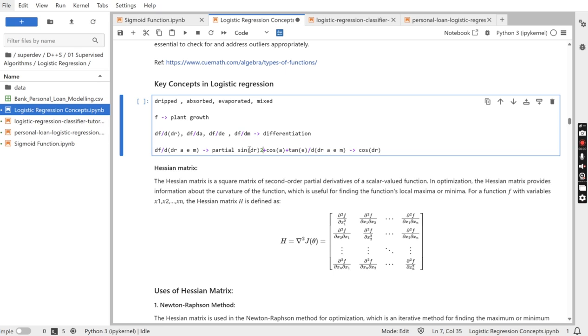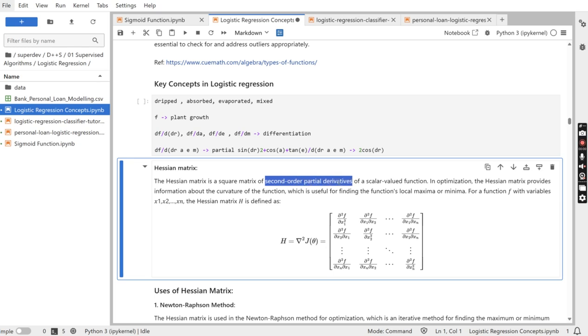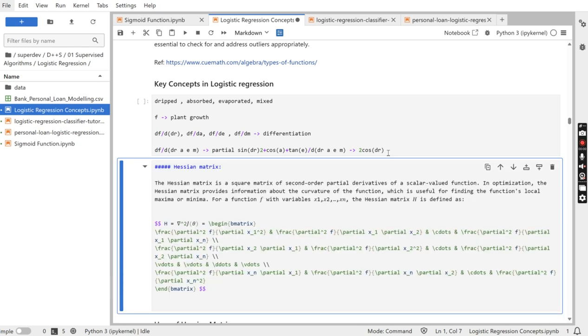X to the power n gives n times x to the power n minus 1, so this will become 2 cos x or something. Don't worry about the exact differentiation, just pay attention to what we are trying to do here. Second order differentiation means first you differentiate once, and whatever result you get, you differentiate that again. You do the differentiation two times. That is called the second order partial derivative.